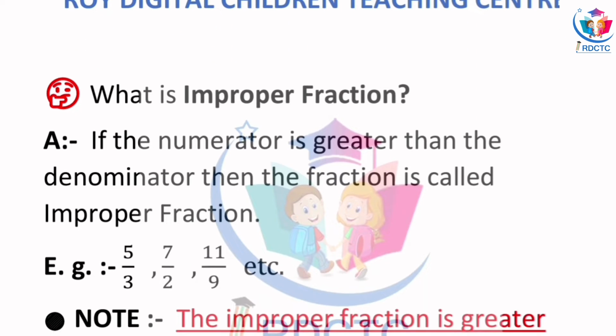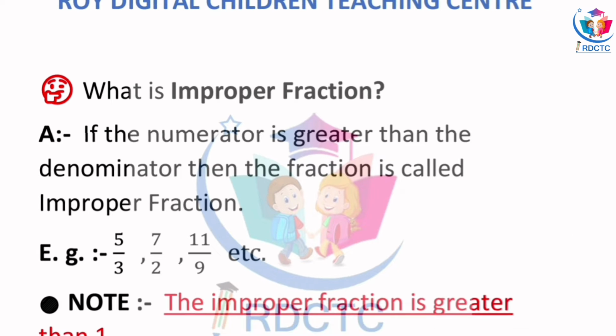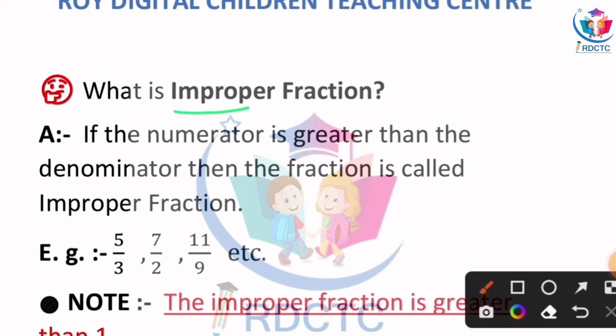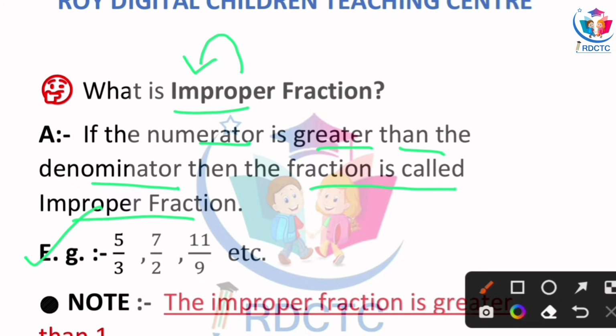Next, we see the definition of improper fraction. What is improper? Improper means that is not proper. If the numerator is greater than the denominator, then the fraction is called improper fraction. Okay, let's see the example. 5 by 3.